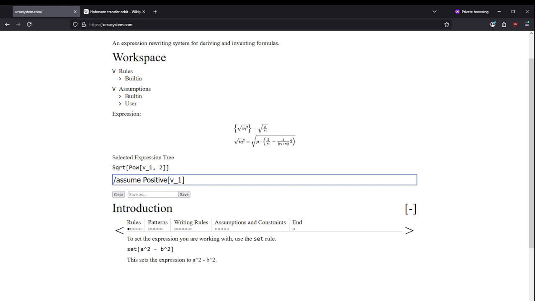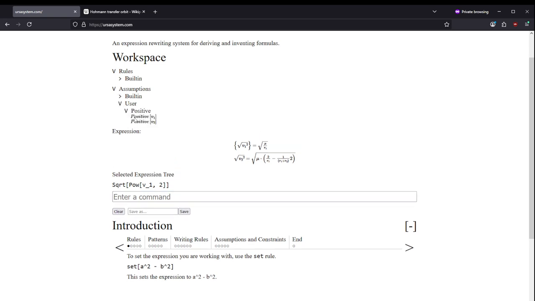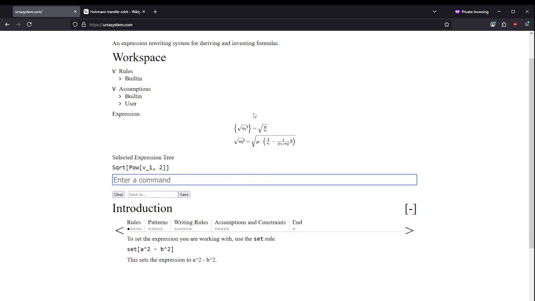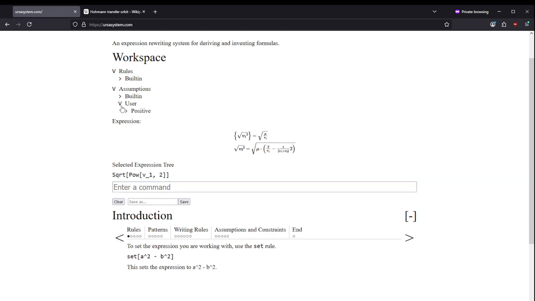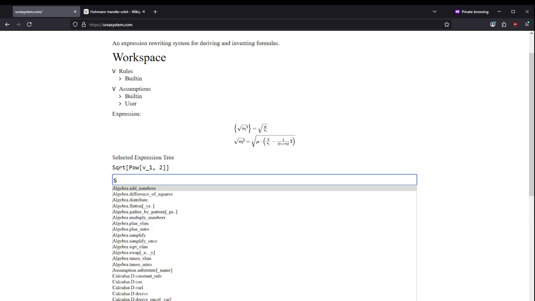And I copied that to my clipboard because I also want to assume v2 is positive. And that shows up in this tree here under assumptions, user, positive. We now have two assumptions, positive v1 and positive v2. And basically the square root just queries these assumptions and checks that the thing is positive.